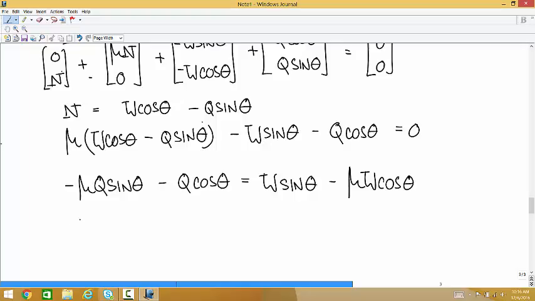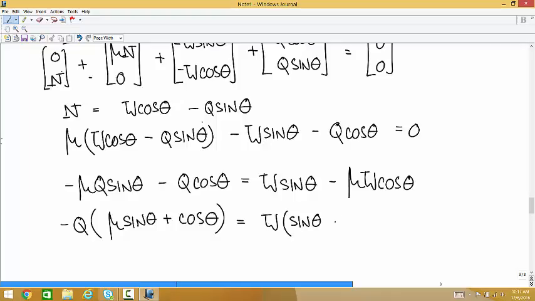And so Q times the quantity negative mu sine theta, I'm going to pull that negative out, so the quantity then is mu times sine theta plus cosine theta, is equal to W times the quantity sine theta minus mu cosine theta.